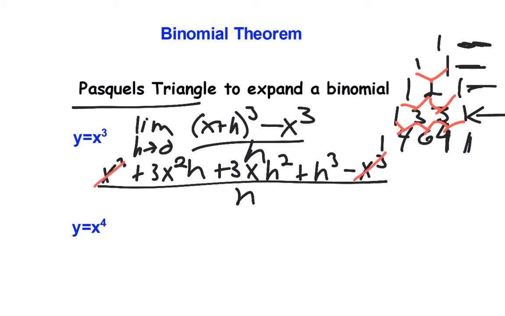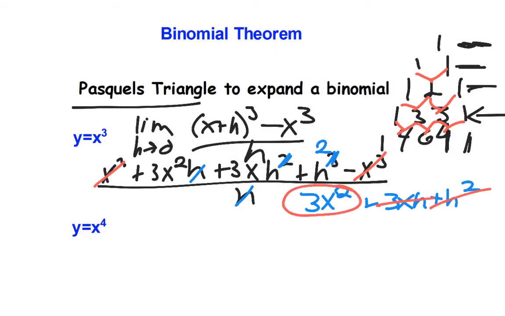And at the same time, I'm going to go ahead and reduce my h's so that I'm left with 3x squared plus 3xh plus h squared, but it's the limit as h goes to 0, so these two terms are gone. I'm left with my derivative being 3x squared.